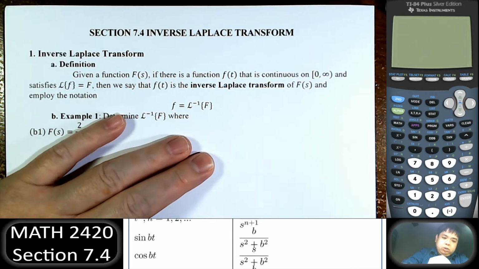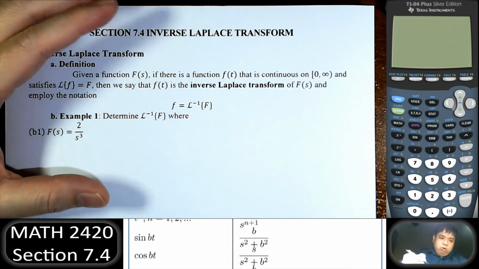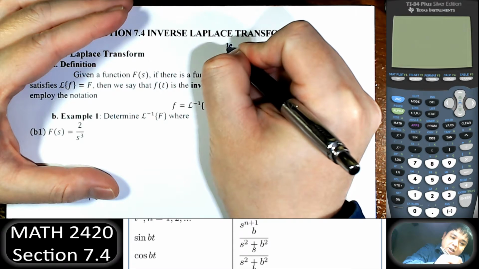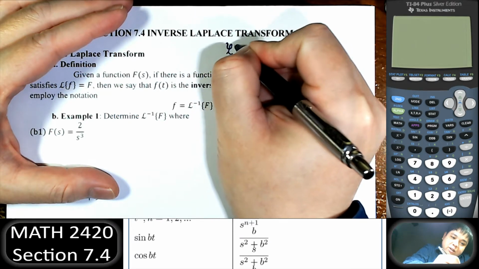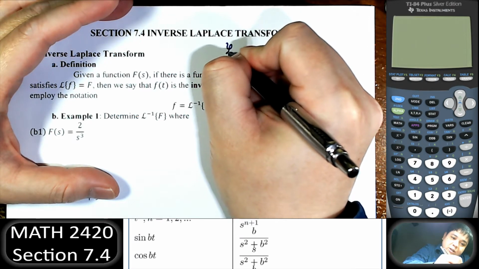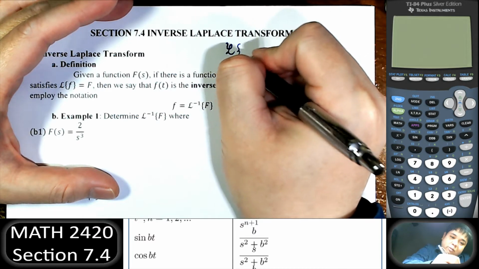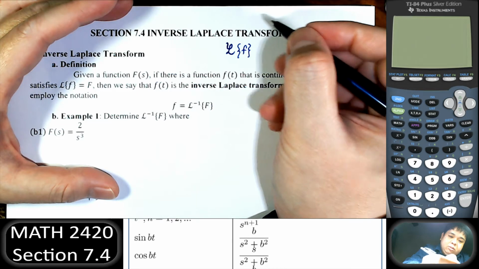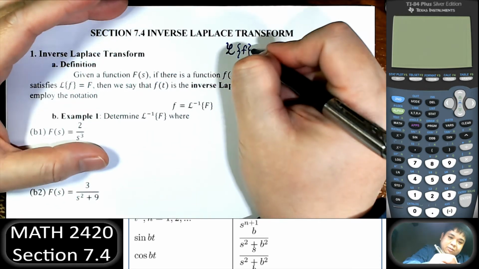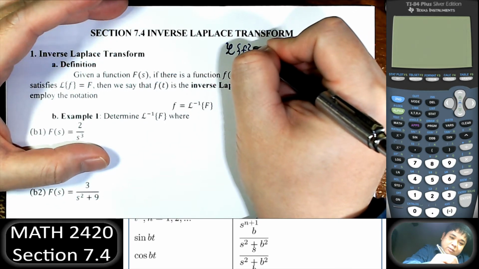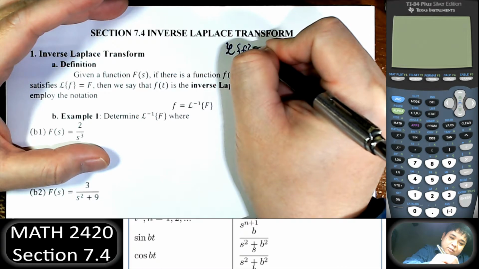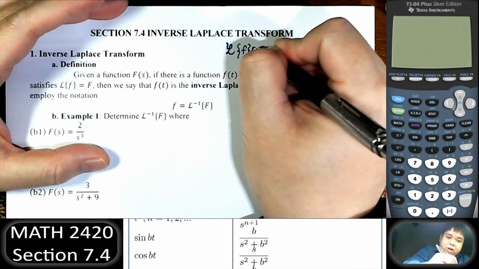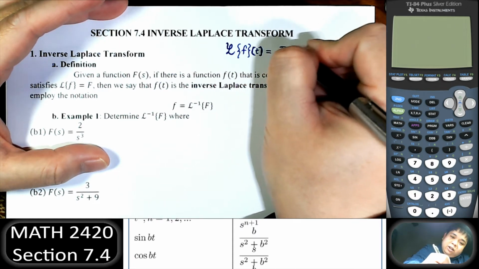Or if we want, we put on the script L transform of f, the variable is t, equals the function in terms of s.